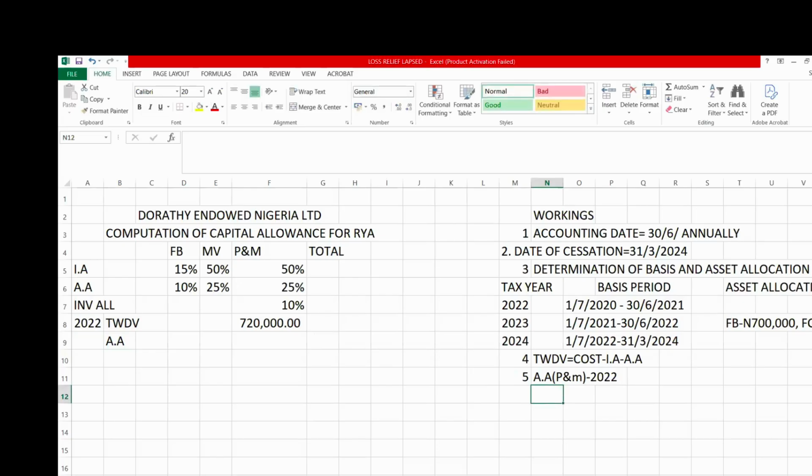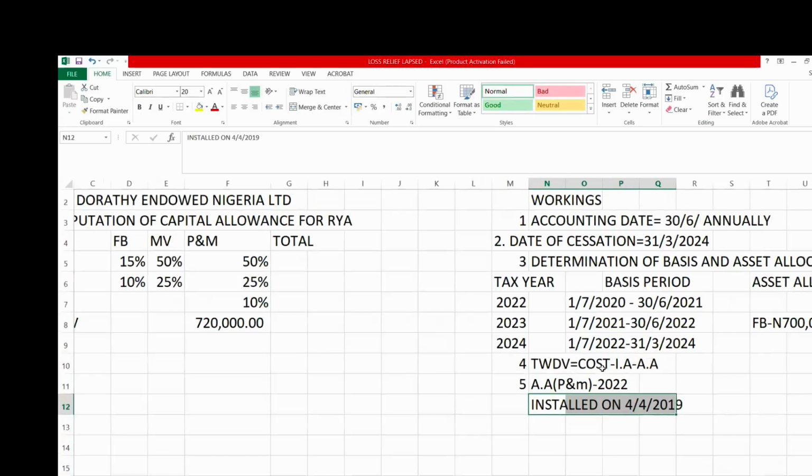We are told from the question that this asset was commissioned and installed on 4/4/2019. So the next thing for you is to look at what basis period this 4/4/2019 is going to fall into.